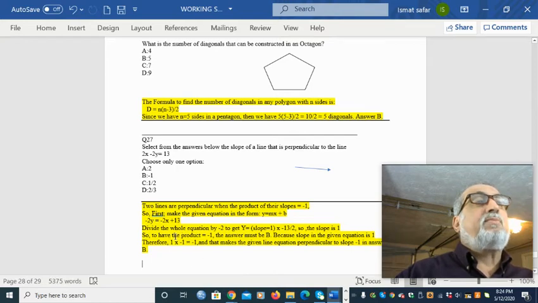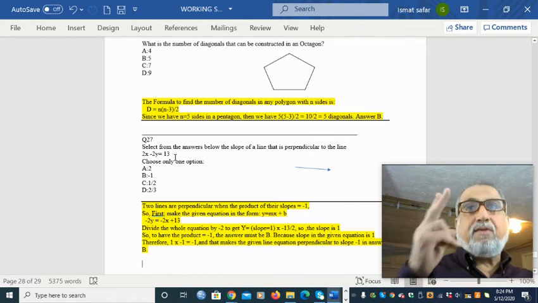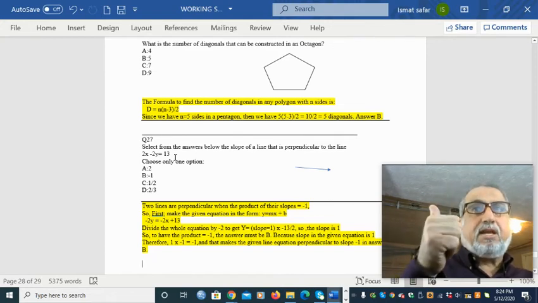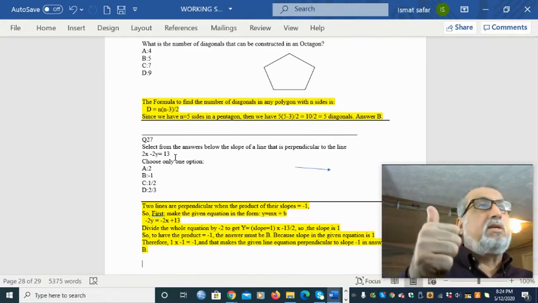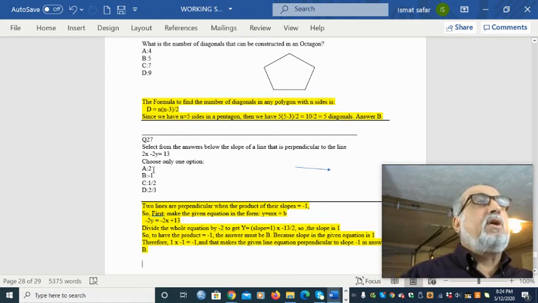So remember we have 2 lines. The first line has slope 1, and the second line has one of these 4 options: 2, -1, half, or 2/3. The most obvious one is B, because if we multiply 1, the slope of the first equation, by -1, the slope of the second equation, the product is -1.